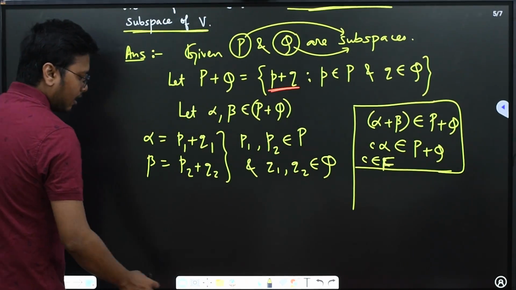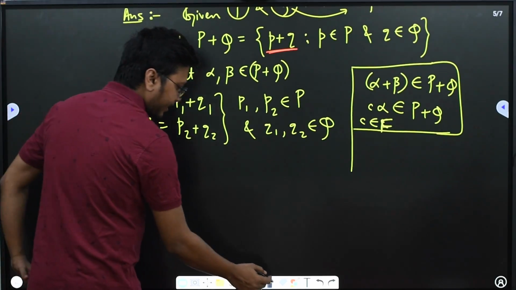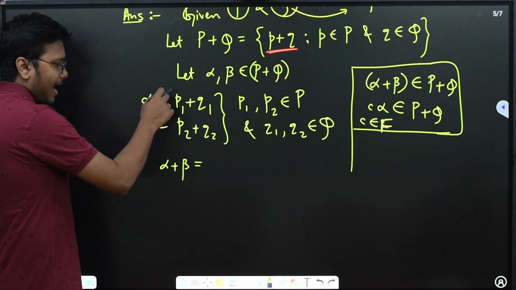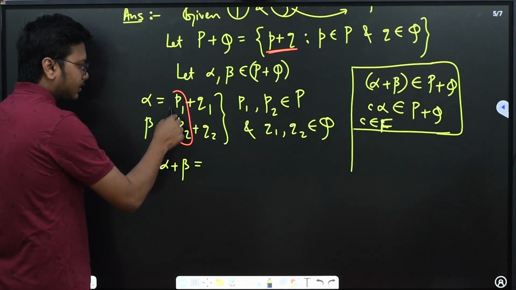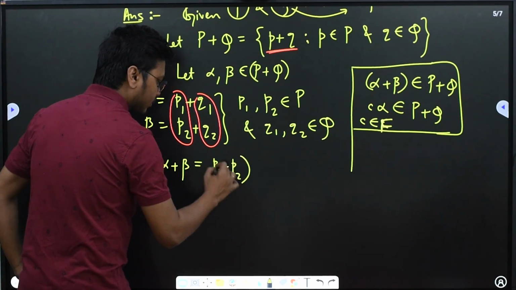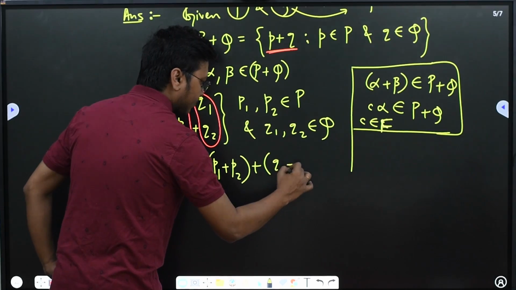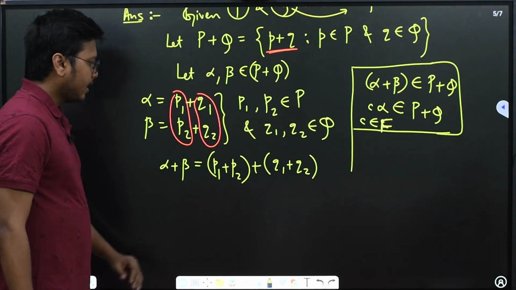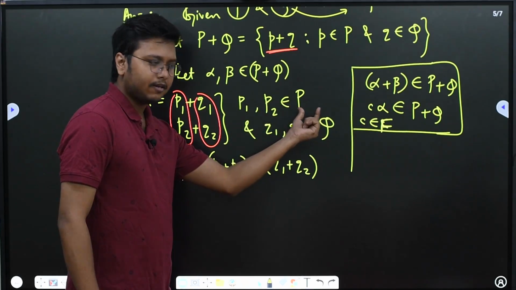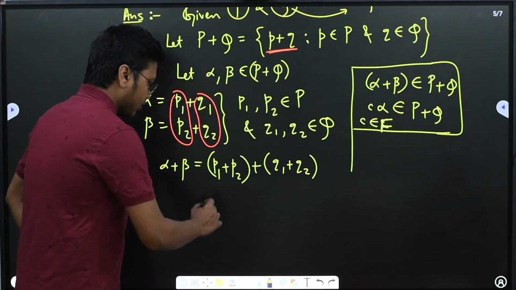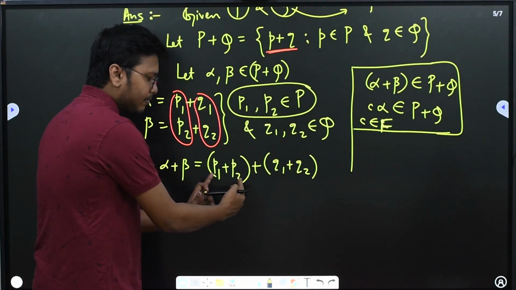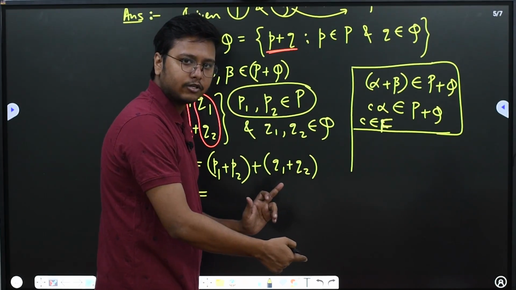So I have defined the alpha and beta elements. Now let's check what happens with alpha plus beta. If I add up these two things and pair up in this manner, alpha plus beta would look like P1 plus P2 plus Q1 plus Q2. Now small p1 and small p2 have been taken from P, where P is itself a subspace, so the addition of elements of P will again be an element of P itself.